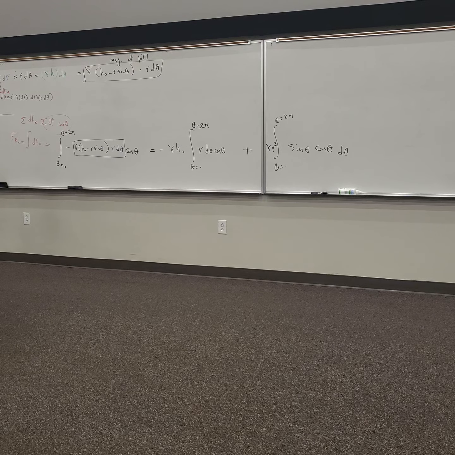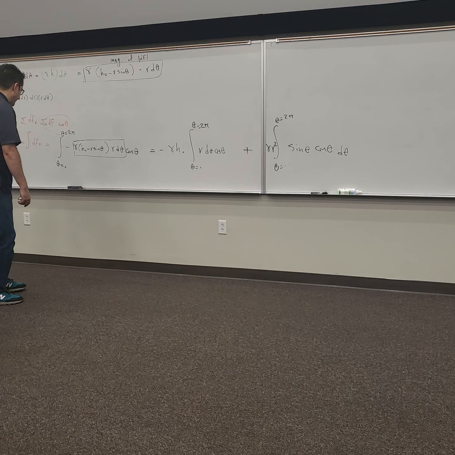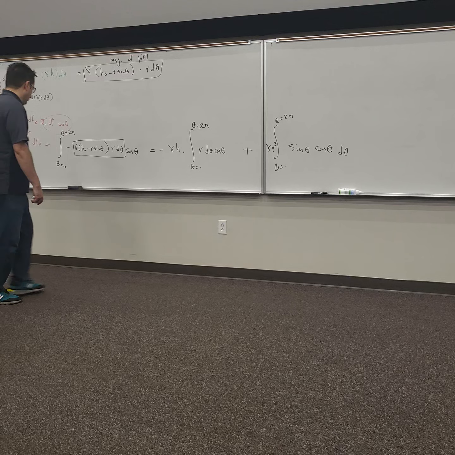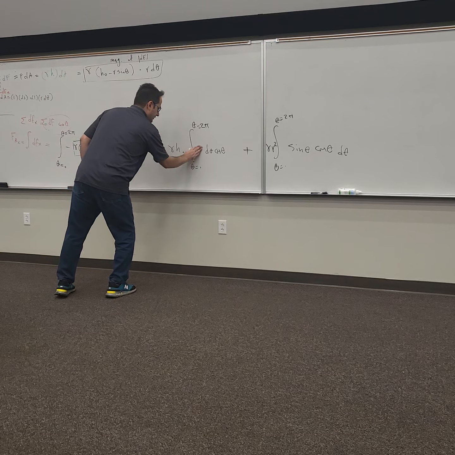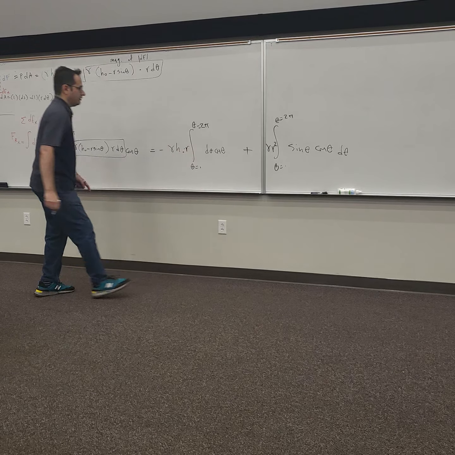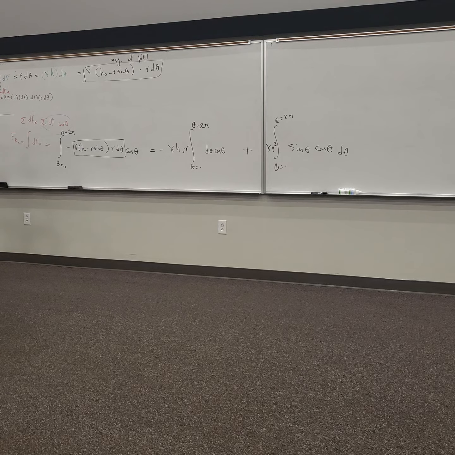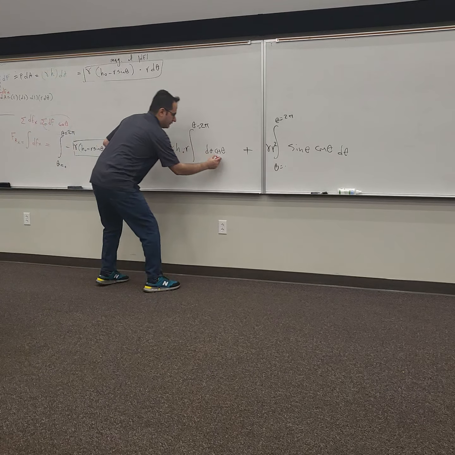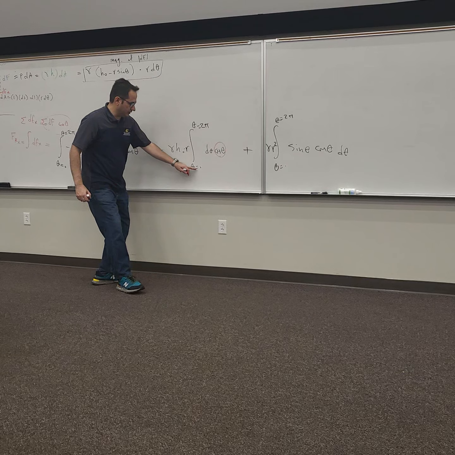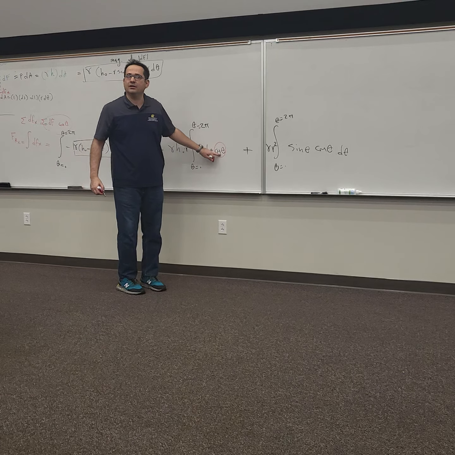Positive gamma R squared, sine, cosine d theta. Well, you can take R out, right? And the first one gives you negative gamma H0, and then you can also take R out. You can take R here, but you can't take cosine, because cosine is a function of theta. Now look guys, what is this? The antiderivative. You can't substitute 0 and 2 pi into cosine.